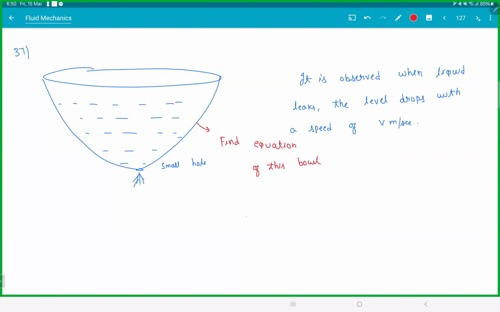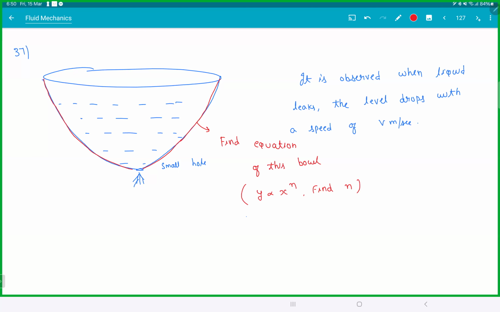This is an integer question. The question was like this: y is proportional to x power n. Find n. Got the question? So you have a bowl here. It's not a parabola, so don't guess that much.